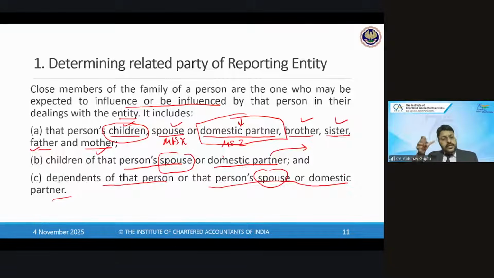Yes, sir. These are the relationships an individual can carry. And if any of these people are there in his family, then all those people are defined within the definition of close members of family of that person.